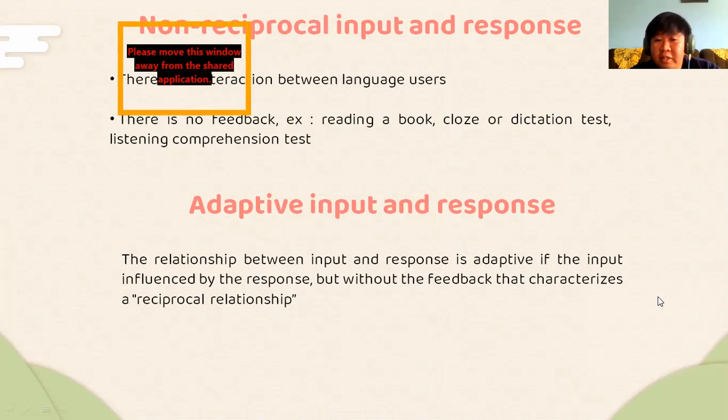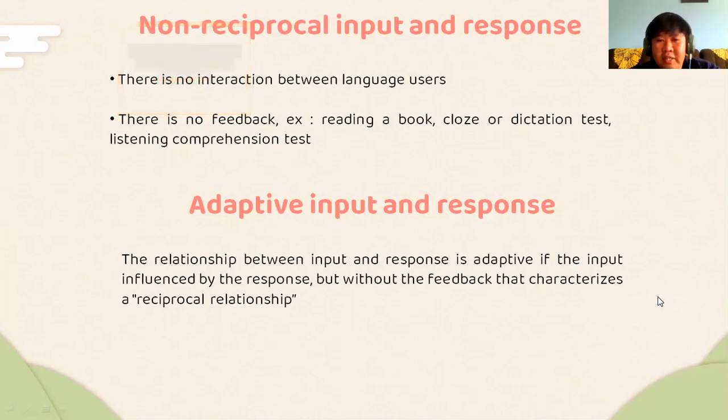For example, in a multiple choice test, the teacher will give the first question at medium level, but if the student can answer correctly, the teacher will give a high level question, and if the student misses it, the teacher will give a lower level of question.